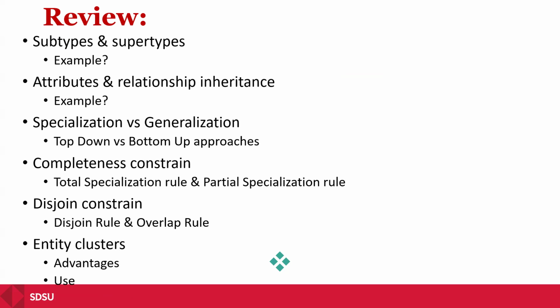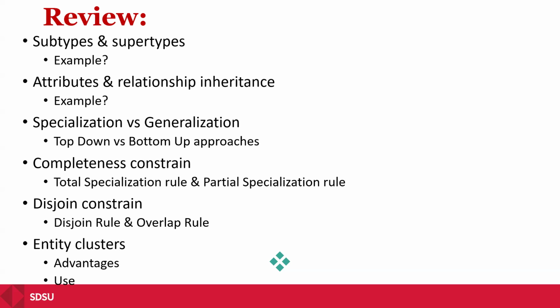attributes. So we talked about attributes and relationship inheritance, and it means that both attributes and relationships are inherited by subtype from supertype. So if there's any relationship existing on the supertype level, they will be inherited by all the subtypes.